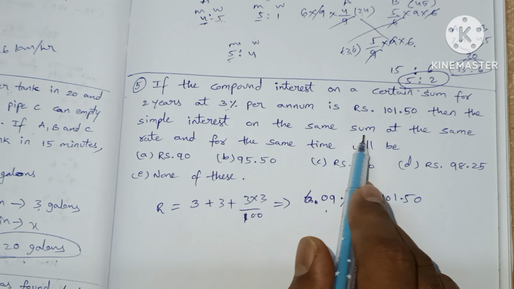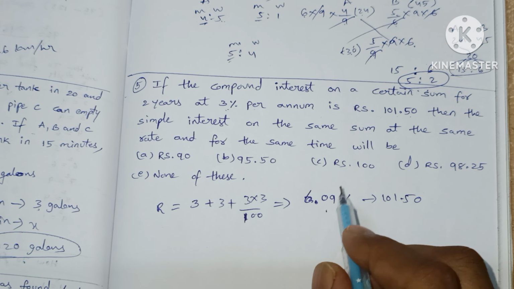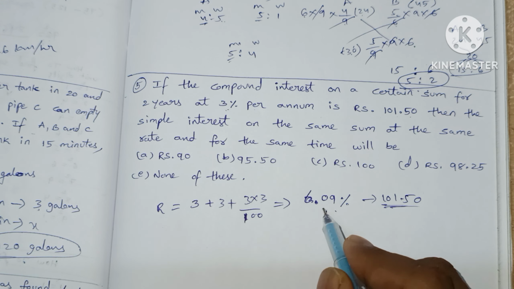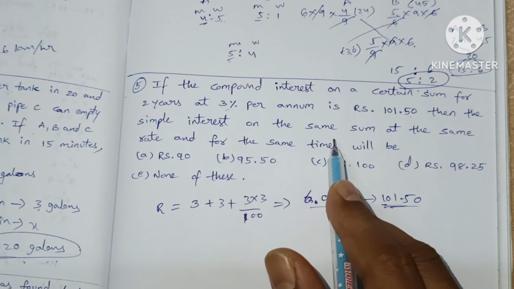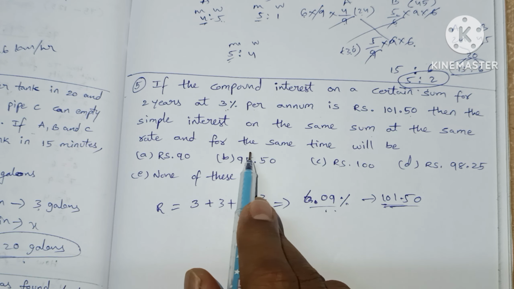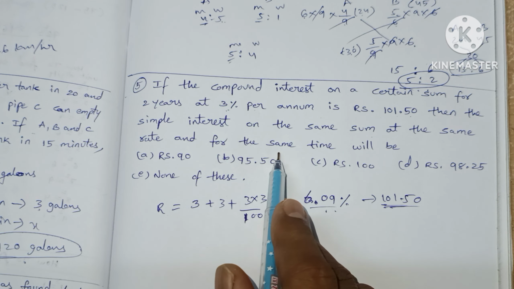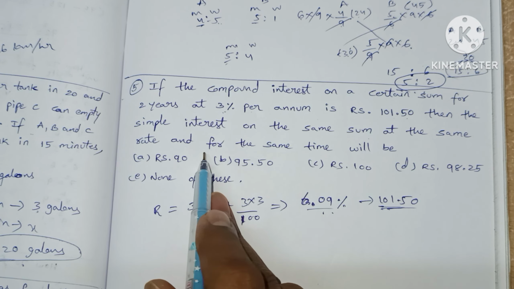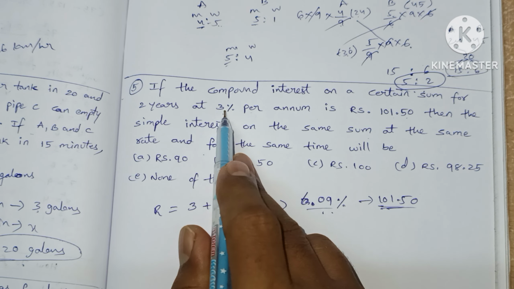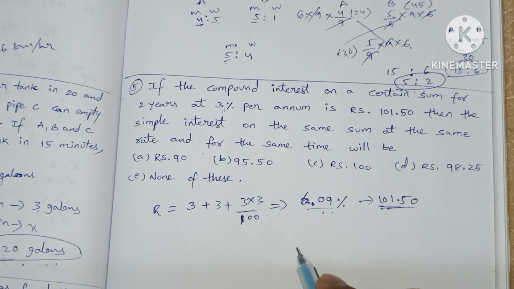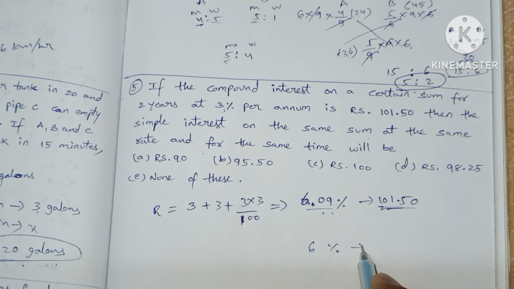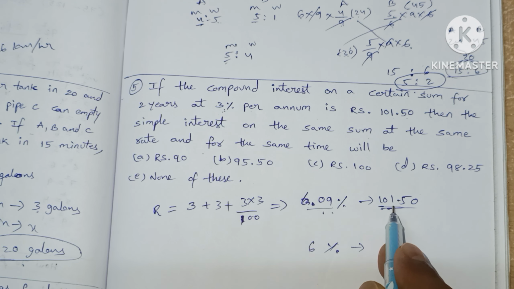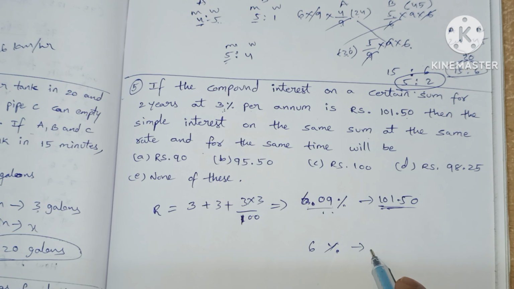Then the simple interest on the same sum. For a particular sum, we get an interest of this amount at this rate. For the same sum, we need to find the simple interest. Here the rate will be the same. So the rate will be 3 for 2 years, meaning 6%. We need to find the 6% value. So this 6.09% value is 101.50 and it is x.